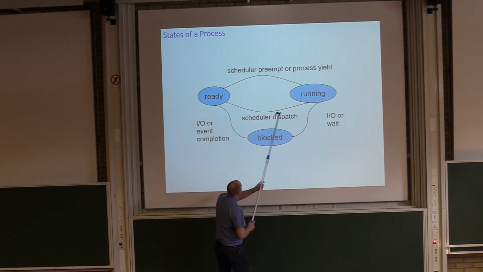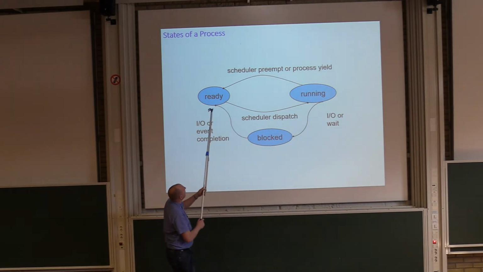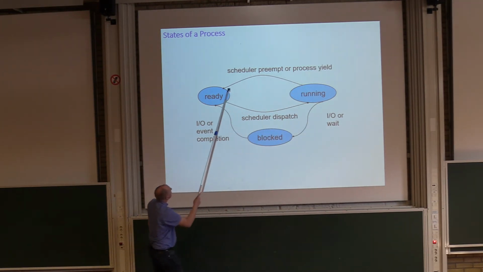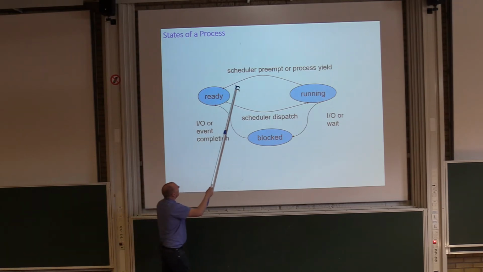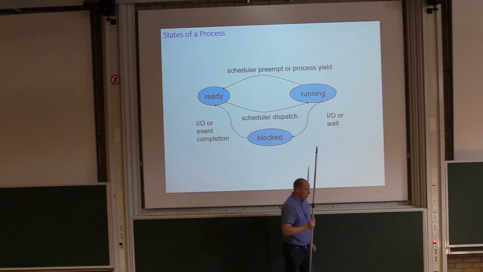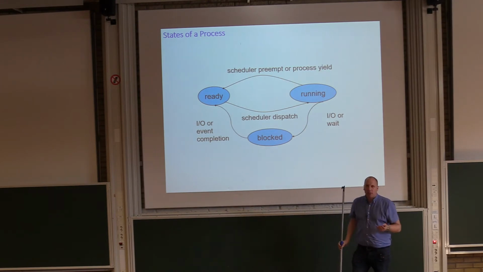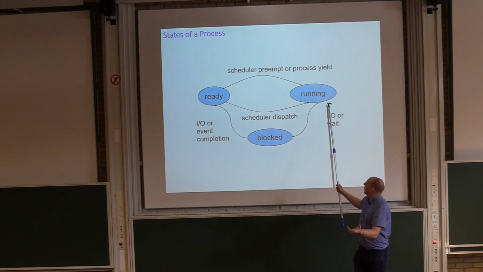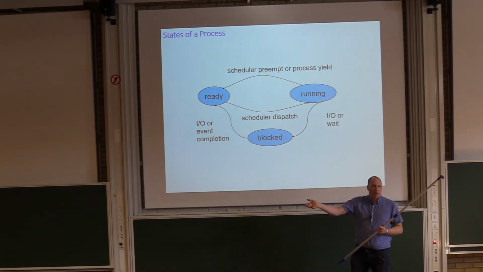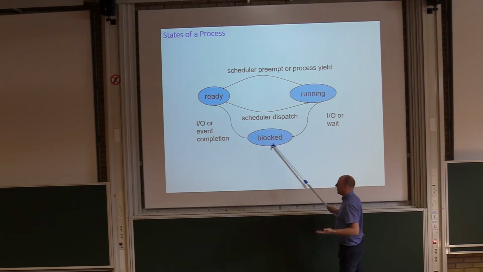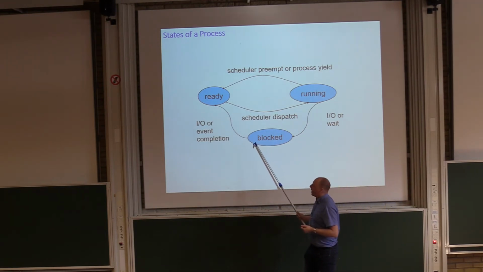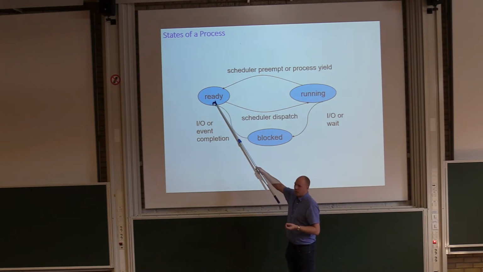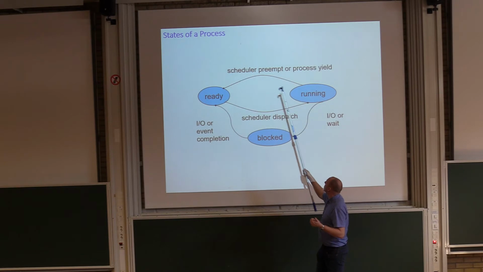We talked about this transition, that transition, and that one, but there is also one other transition here, and this is the preempt transition. At some point, the scheduler can decide that although this process was running, some other process that was waiting for a timer to expire has been moved into the ready state. Now there is a process with higher priority that is ready to execute.